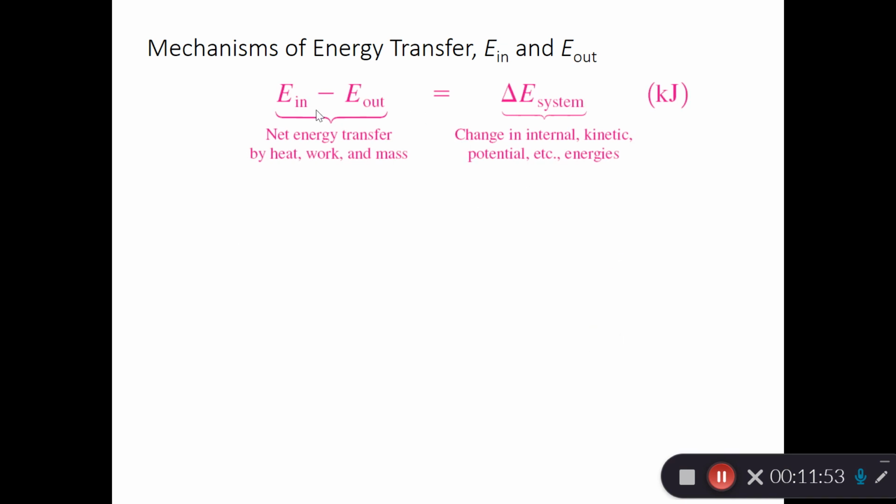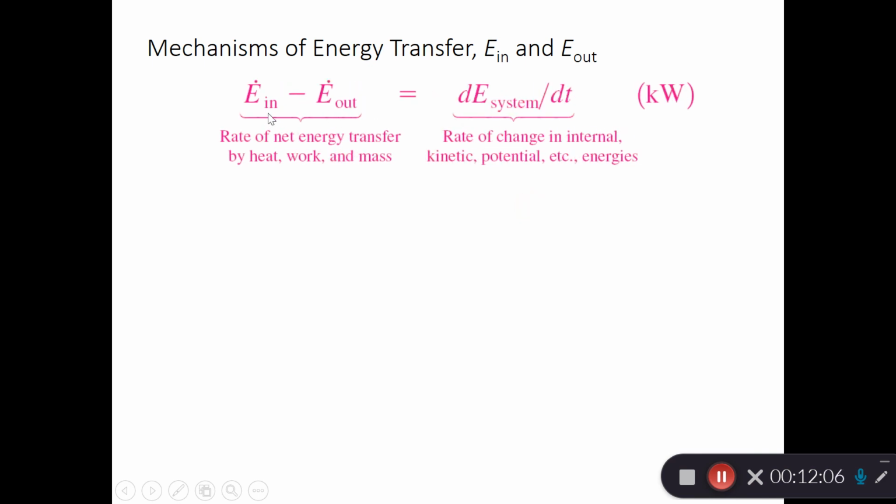We have this equation, where capital E has the unit kilojoule. What if you don't know the total E in and E out, and instead you have the rate of energy transfer, which is in kilowatts? Maybe you have the total time. What is the change over time? What is the rate of energy going in? What is the rate of energy going out? It's the same equation, except divided by time.